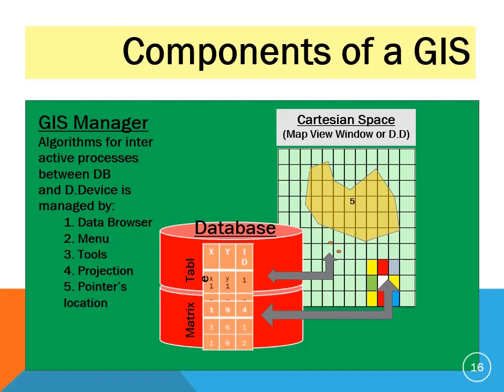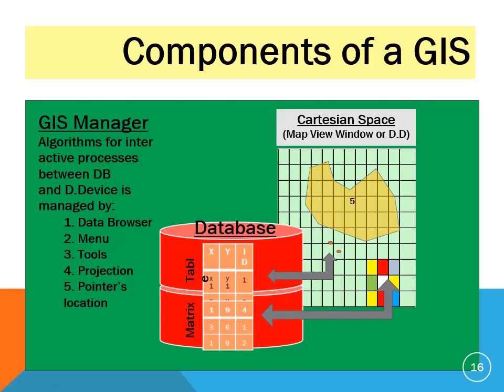The spatial data reading is not one way, that is, database tables and matrices to the screen plottings, but it is reciprocal. Reciprocity between plot and record is maintained by the manager of the GIS software.